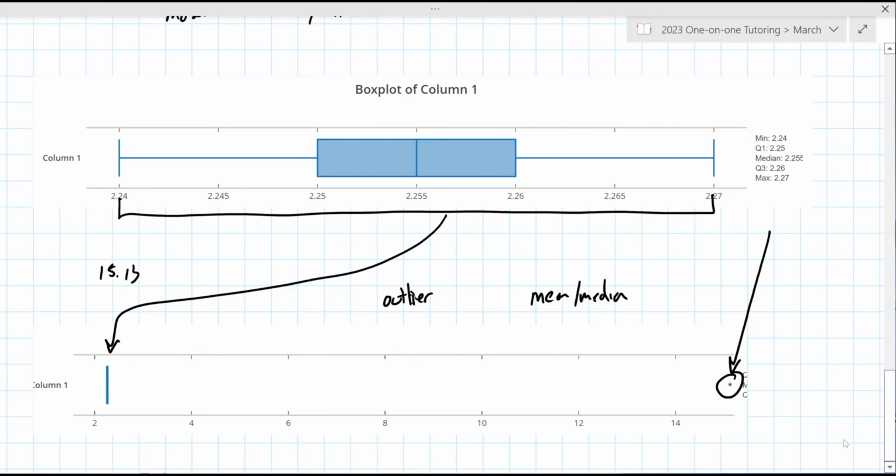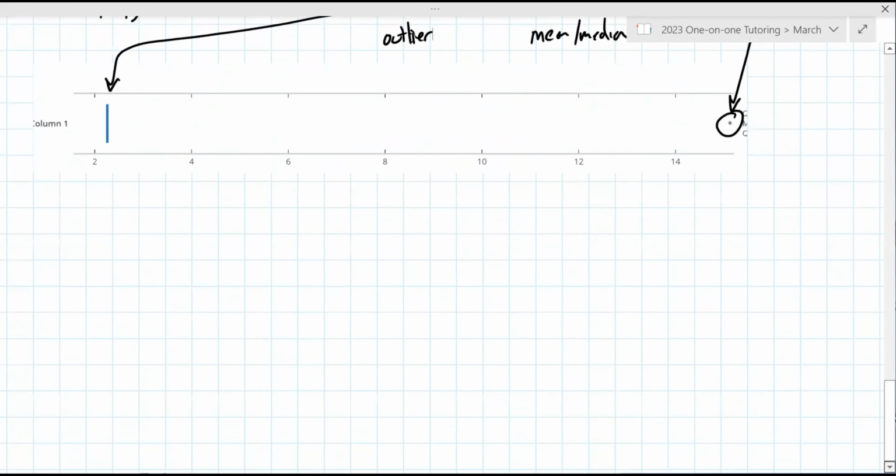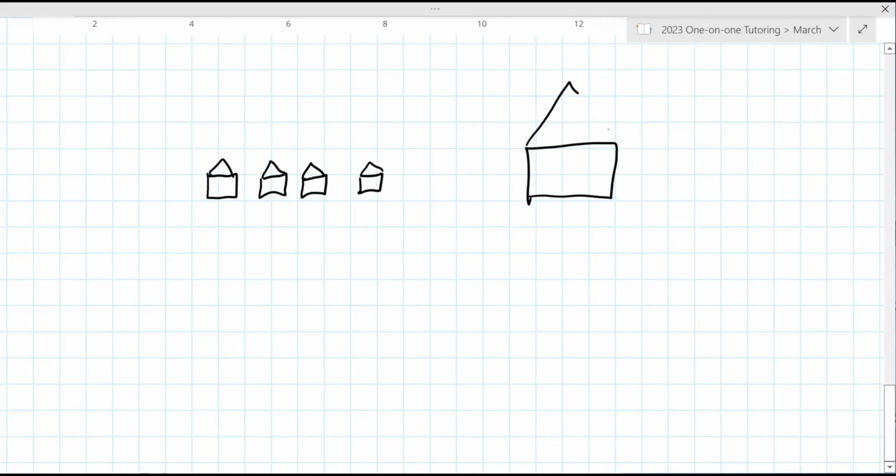Now, a better example of that real quick: it doesn't happen so much in the Southwest, but there are places in the country where you have a bunch of houses that are all about the same, and then you have a McMansion on the same street, and that's an outlier.